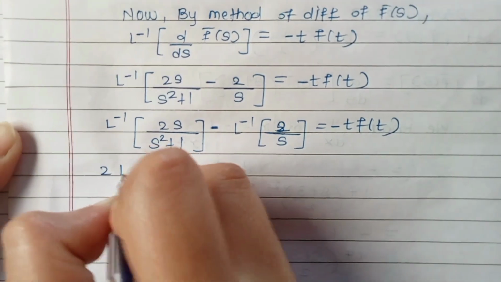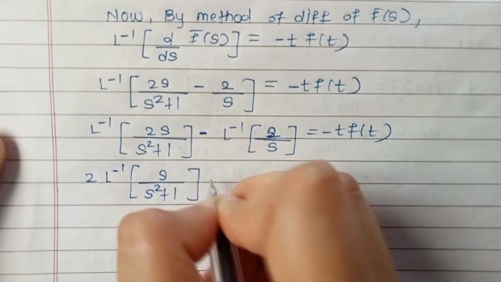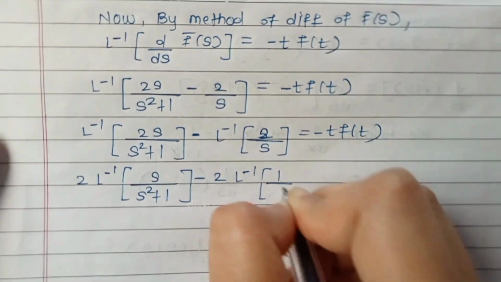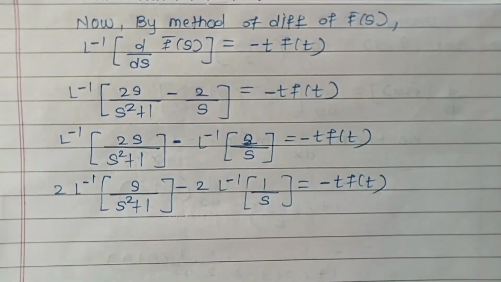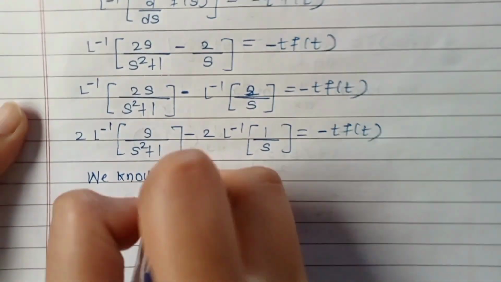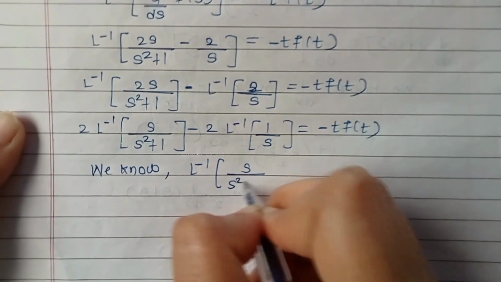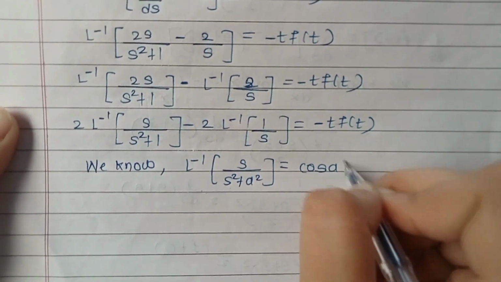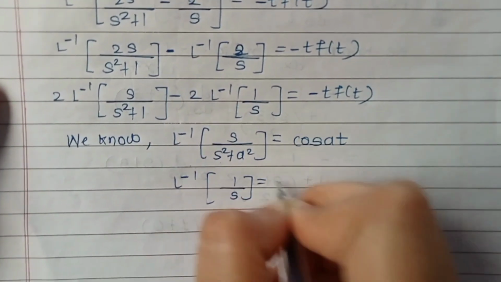We get 2 times inverse Laplace of s upon s square plus 1 minus 2 times inverse Laplace of 1 by s is equal to minus t f of t. Now we know one formula, that is inverse Laplace of s upon s square plus a square is cos at, and inverse Laplace of 1 upon s is 1.